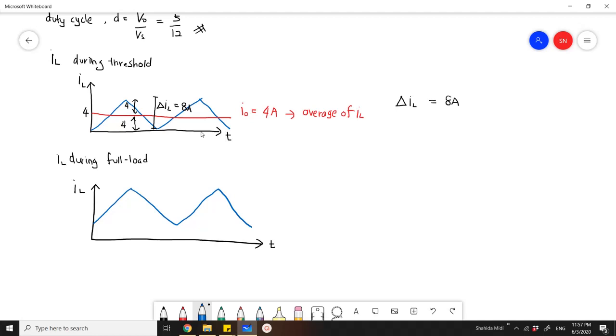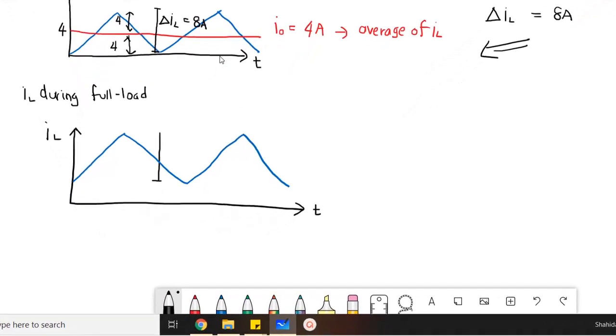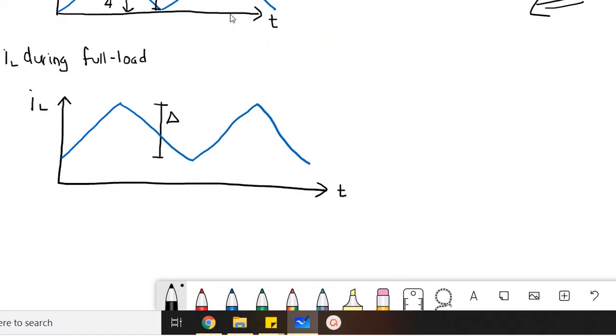From the previous one, we already know this part, so we are going to use that here. This height will be 8 ampere, and the average for this one is 10 ampere.